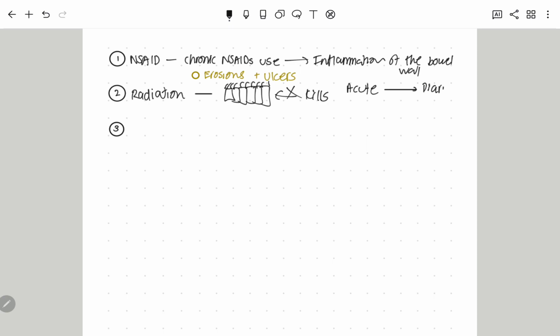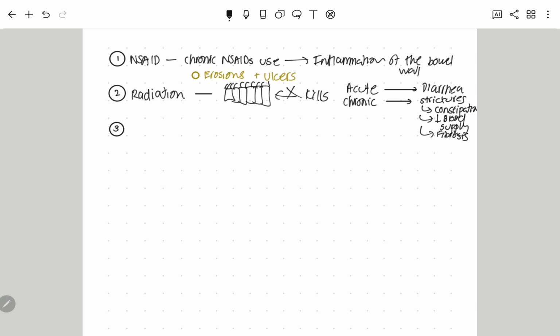You can see diarrhea in patients, whereas in the case of chronic radiation exposure, you can see strictures being formed, which are basically fibrous bands that attach different parts of the bowel wall, and this then leads to constipation. So completely polar opposite clinical presentation. And these strictures can undergo further organization, which can result in a decreased blood supply to the wall of the intestine, and these normally also heal by fibrosis.